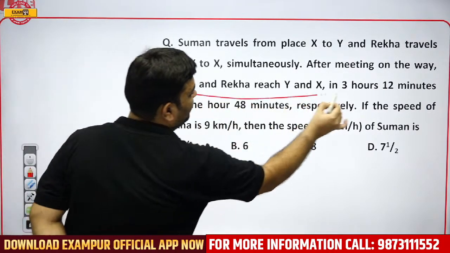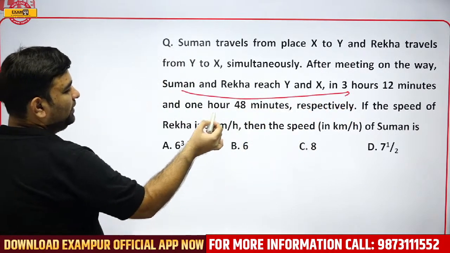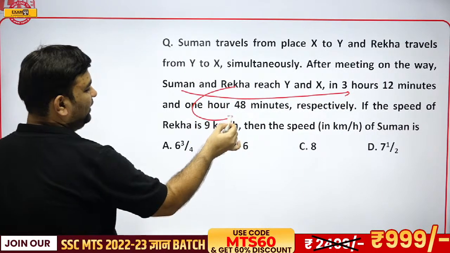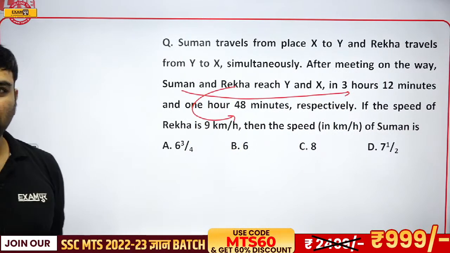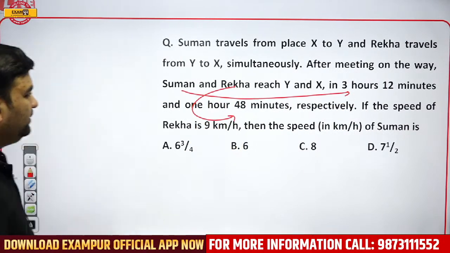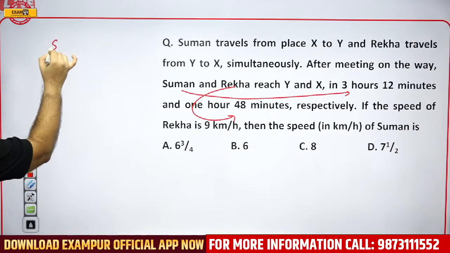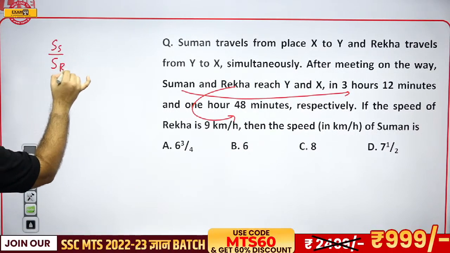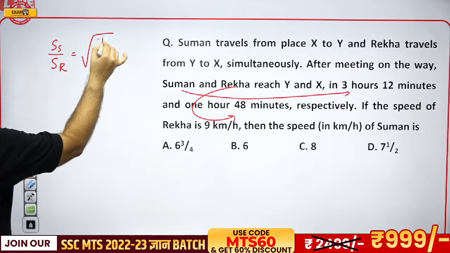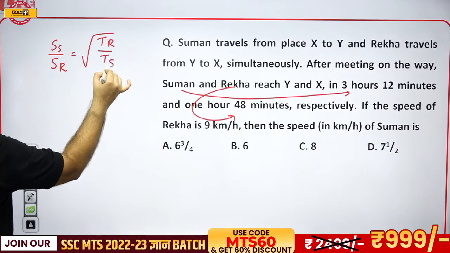Rekha takes 3 hours 12 minutes. Suman and Rekha together take 1 hour 48 minutes. Speed of Suman upon speed of Rekha is under root of time taken by Rekha upon time taken by Suman.